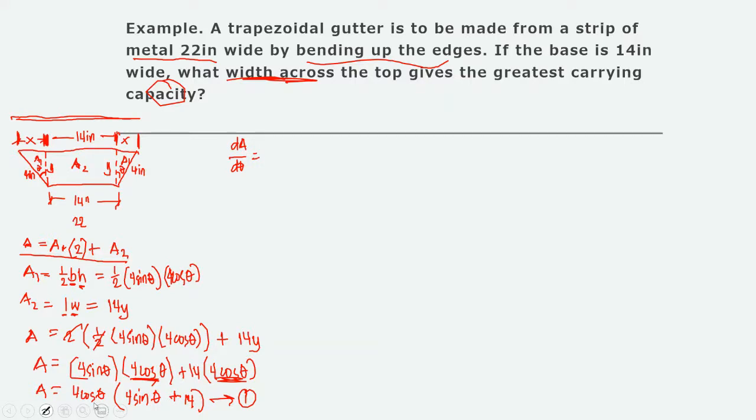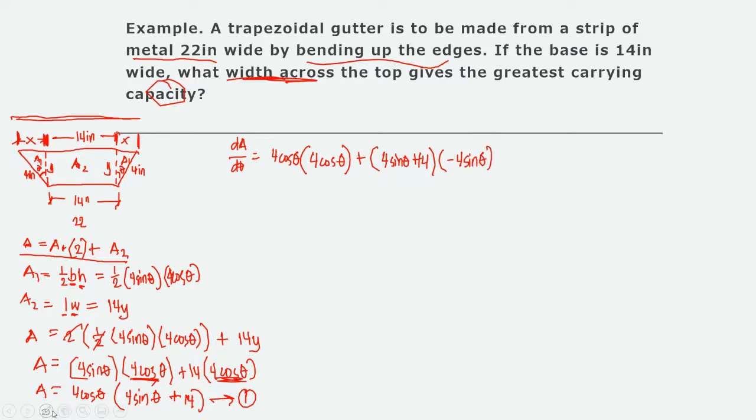So we can use the product rule for this one. We have u dv. So u times derivative of v, which is 4 cos theta, plus v times the derivative of our u, which is negative 4 sine theta.